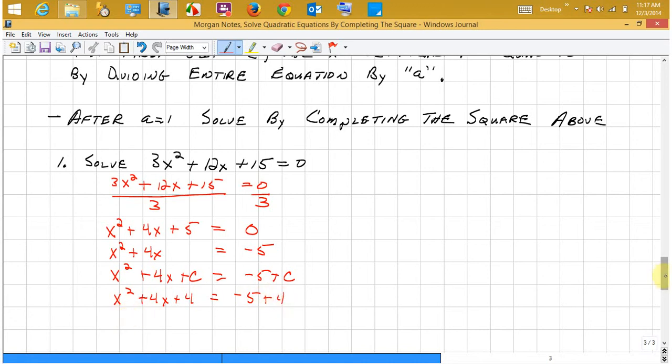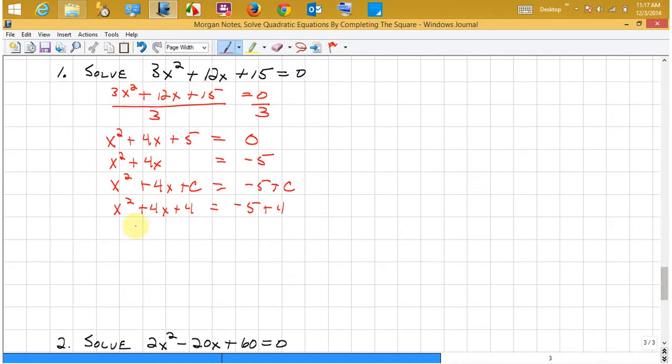So writing the left-hand side as a perfect square, I would have x plus 2 squared, half the 4, is equal to a negative 1, taking the square root of both sides. So if I take the square root of x plus 2 squared, I get x plus 2, plus or minus the square root of a negative 1. x plus 2 is equal to plus or minus i. Moving the 2 over, I get negative 2 plus or minus i.